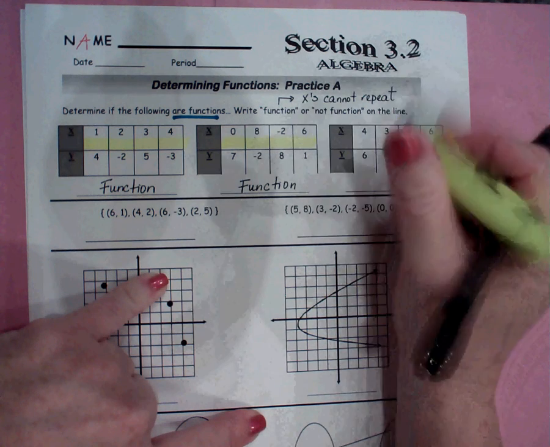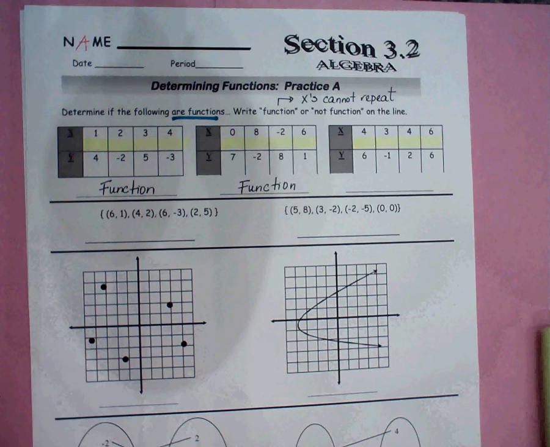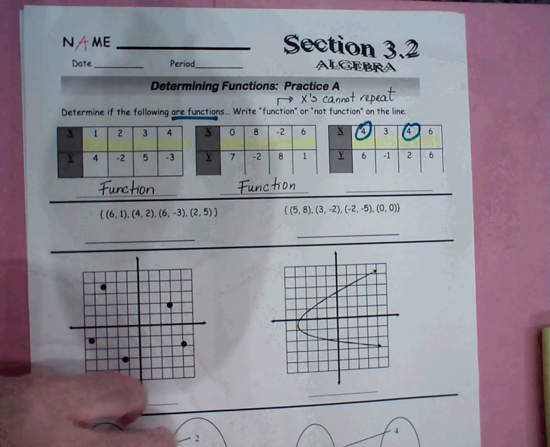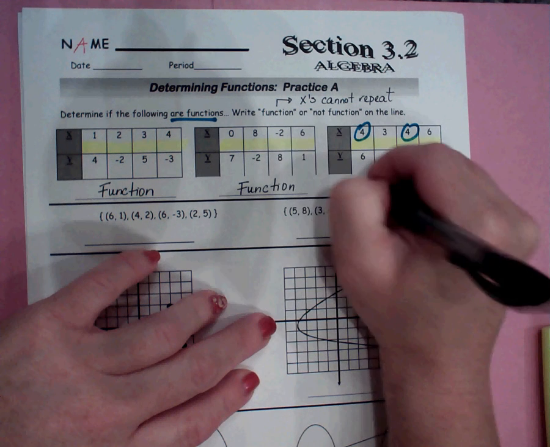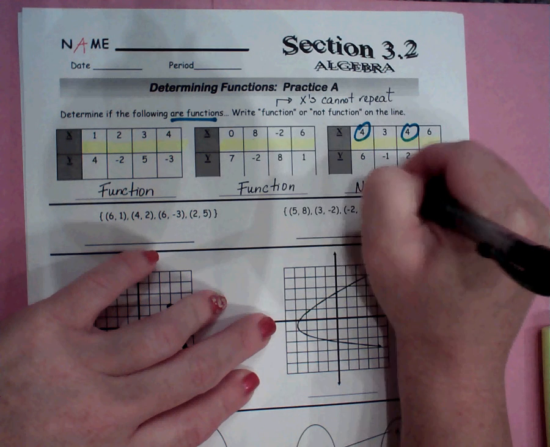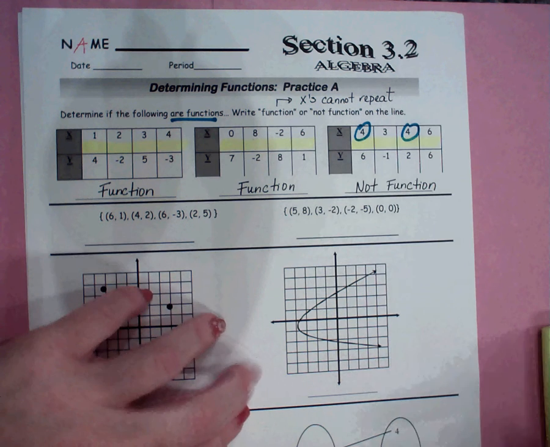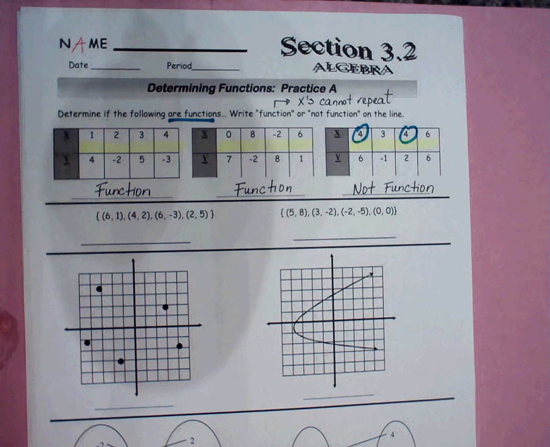Now, on this one, I'm looking for the x's. The element of the domain 4 repeats, which means this is not a function. All right? So let's go ahead and do the next one.